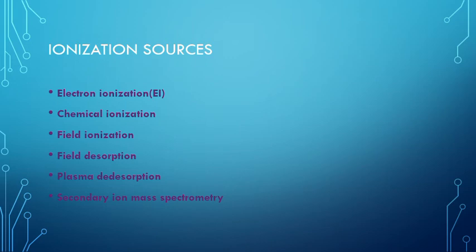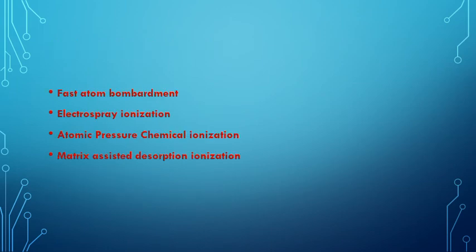Ionization can take place in solid phase, liquid phase, or gaseous phase. Ionization sources can be electron ionization, chemical ionization, field ionization, field desorption, plasma desorption, secondary ion mass spectrometry, fast atom bombardment, electrospray ionization, atmospheric pressure chemical ionization, matrix assisted laser desorption ionization, MALDI.